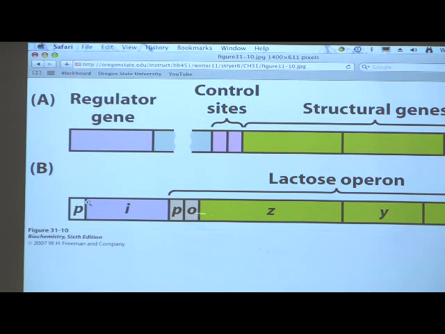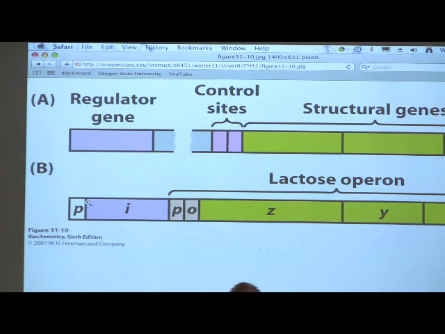Now, I've got a human growth hormone gene in a bacterial cell, I give this cell IPTG, and the cell is going to start transcribing the gene for human growth hormone and making human growth hormone from it. That's a very common thing that's done in biotechnology. So I can control when the cell makes a given protein.